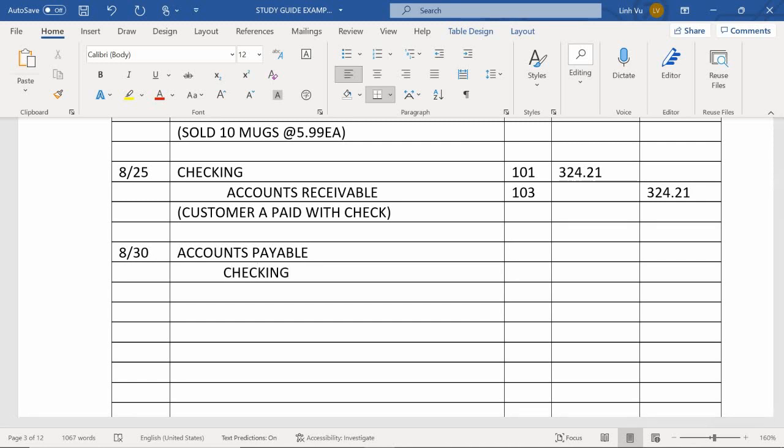So the total on the 8th was $125. Good. 125 and 125. So accounts payable is 201 and the checking 101.